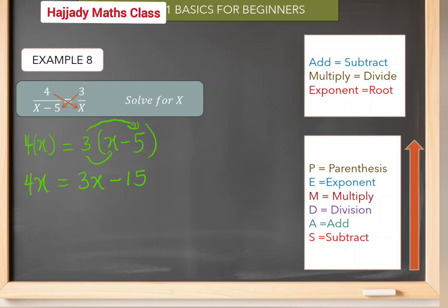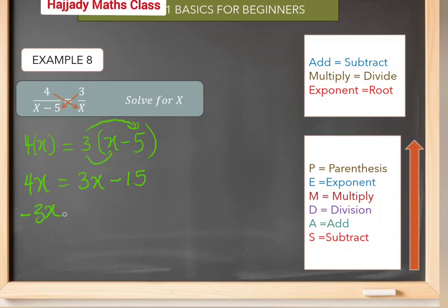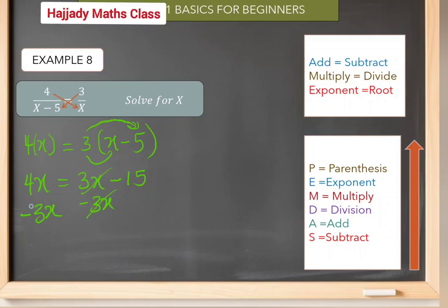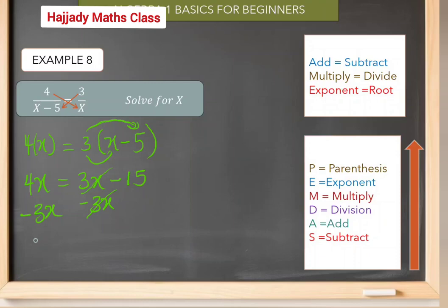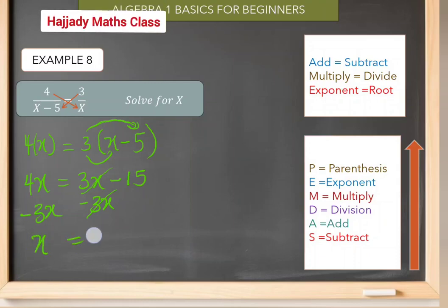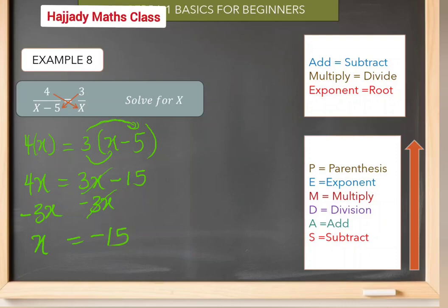And to do that, we introduce negative 3x to both sides, so that we can eliminate x on the right side. So here we have 4x minus 3x, which gives x equals negative 15. So this is where we're going to stop.